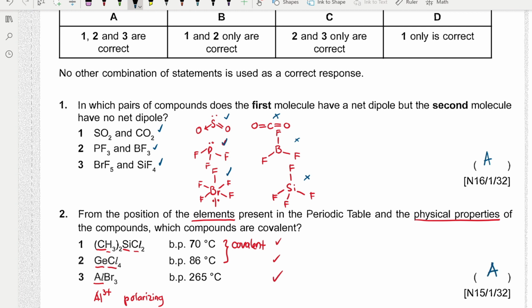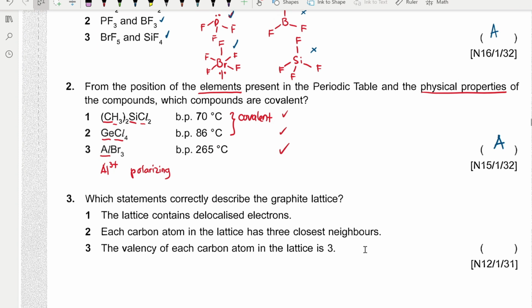It's A. Question 3. Which statement correctly describes the graphite lattice? So graphite is carbon atoms forming 3 covalent bonds with 3 other carbons, and there is 1 non-bonded electron, and this electron is then delocalized in the lattice. So the lattice contains delocalized electrons. That's correct.